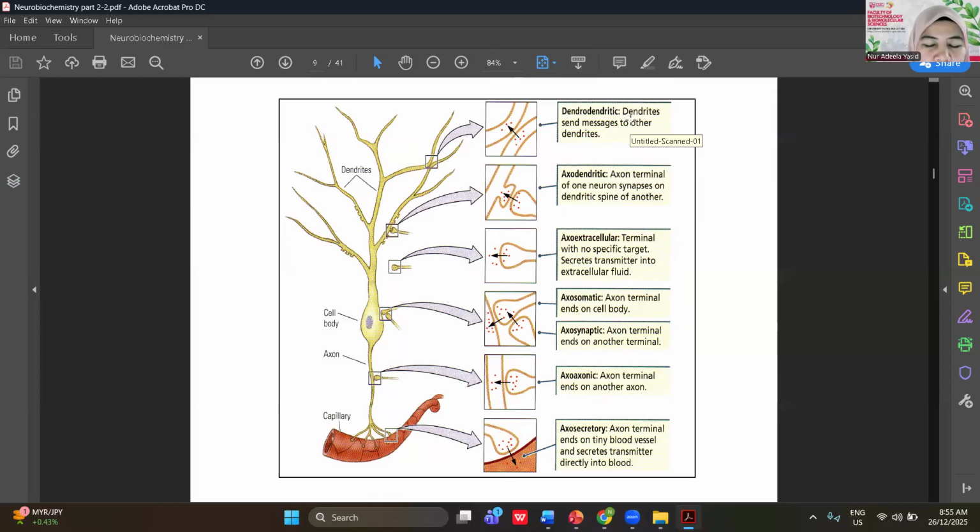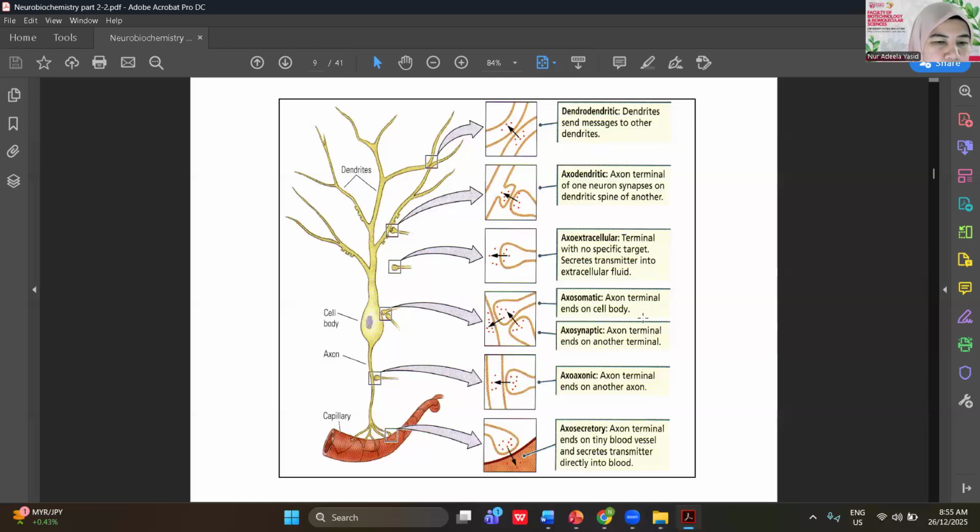However, in axodendritic, the axon terminal of one neuron synapses on the dendritic spine of another neuron. This is common in excitatory synapse. In extracellular, the axon terminal releases neurotransmitter into the extracellular fluid without a specific target. Axosomatic is often associated with inhibitory signal, where the axon terminal synapses directly on the cell body of another neuron.